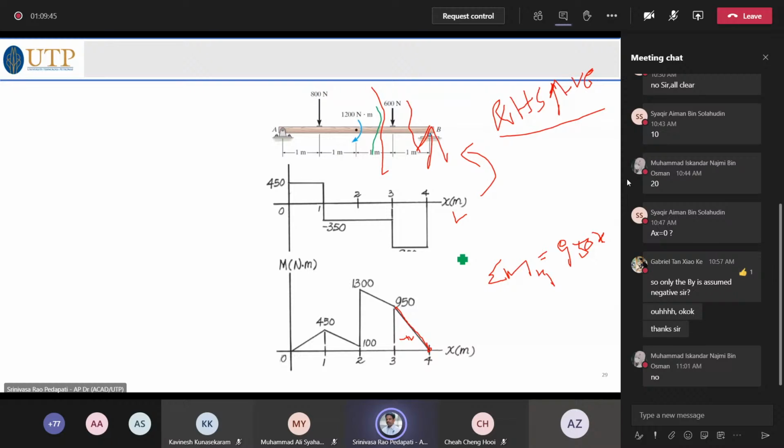So what happens is, sigma mx2, for example, mx2 is equal to 950 times x, whatever that x, minus 600 times, what is the 600 times what?